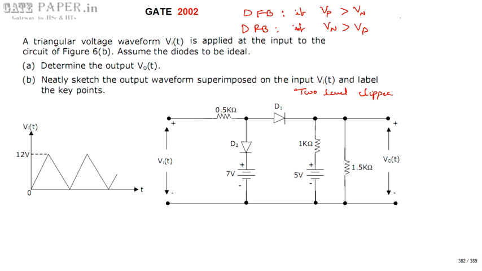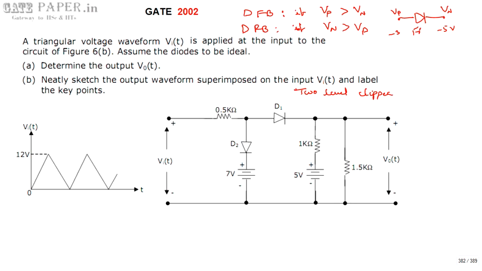For example, for a diode like this, Vp is the voltage on the P side and Vn is the voltage on the N side. Say Vp is minus 3 volts and Vn is minus 5 volts. Then the diode is in forward bias because minus 3 is larger than minus 5.